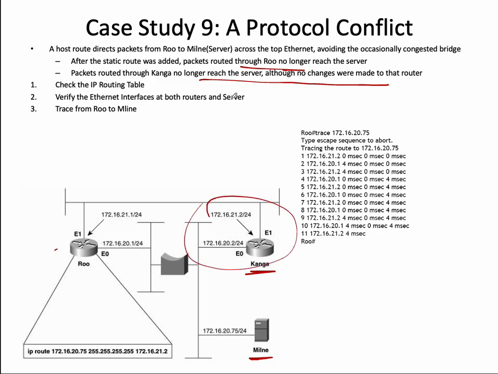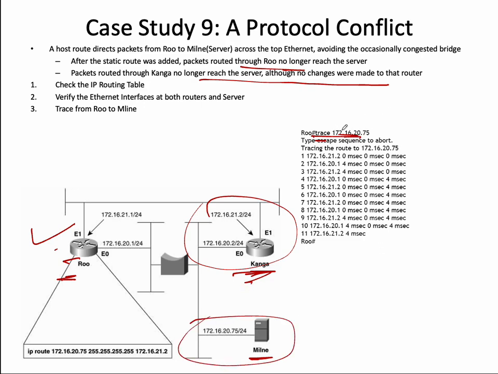So what we do is check the IP routing tables of this one and this one, right? If there is no change here, you take a look at the IP route here, and then you do the traceroute. When you do the traceroute here, you simply use trace and then the IP address. This is our destination IP address.